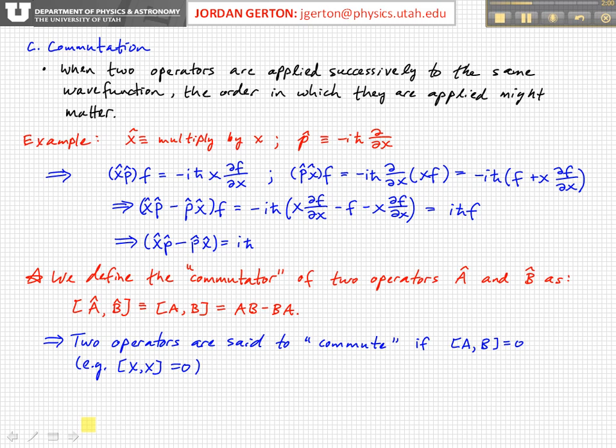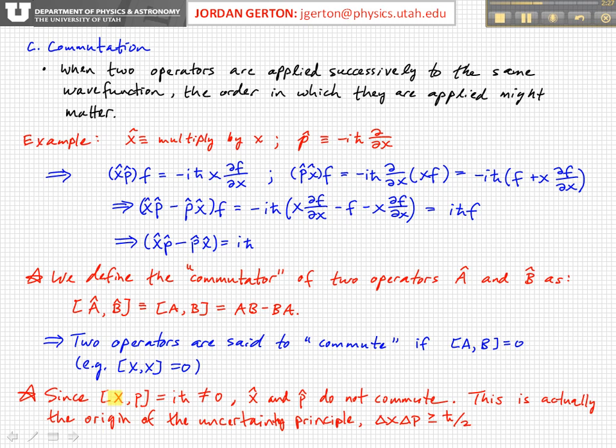So the fact that the commutator of x and p, xp minus px, is not 0 means they don't commute, which means that you can't measure the physical quantities which correspond to these operators, that is the position and the momentum, with arbitrary simultaneous precision. And we know that's the uncertainty principle.